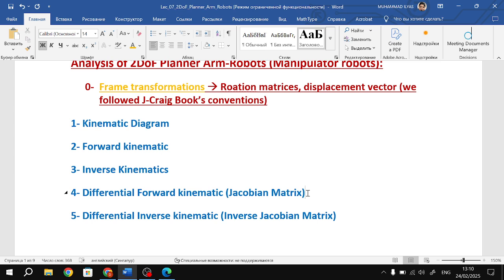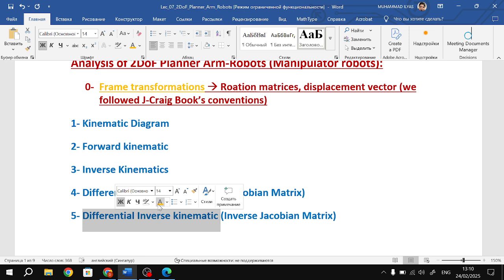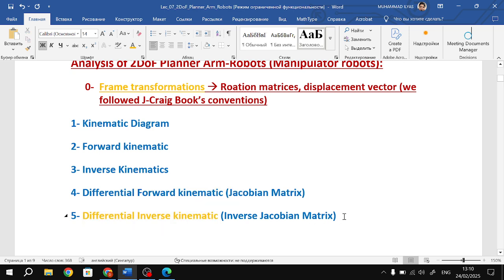The inverse differential kinematics we did not study last time, so let me cover it today.